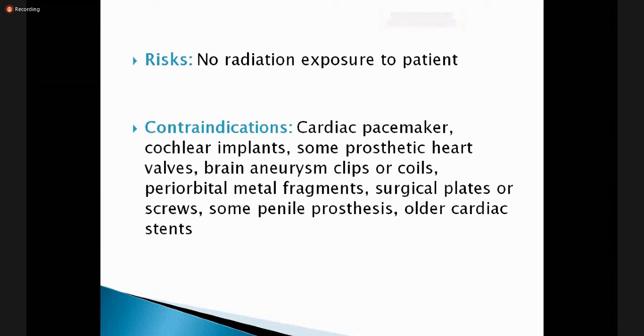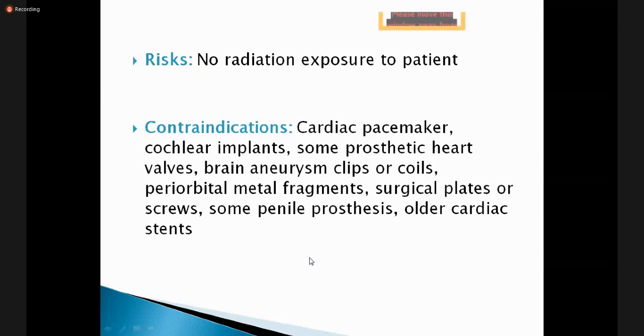So patients with a cardiac pacemaker, cochlear implant, some prosthetic heart valves, brain aneurysm clips or coils, periorbital metallic fragments, surgical plates or screws, some penile prostheses, and older cardiac stents should not undergo MRI. So first we have to rule these out, that the patient has no history of these valves or prostheses. Then the patient can go for the MRI.